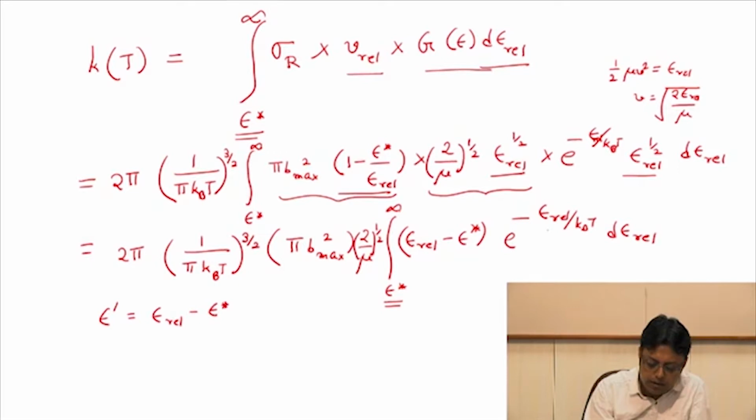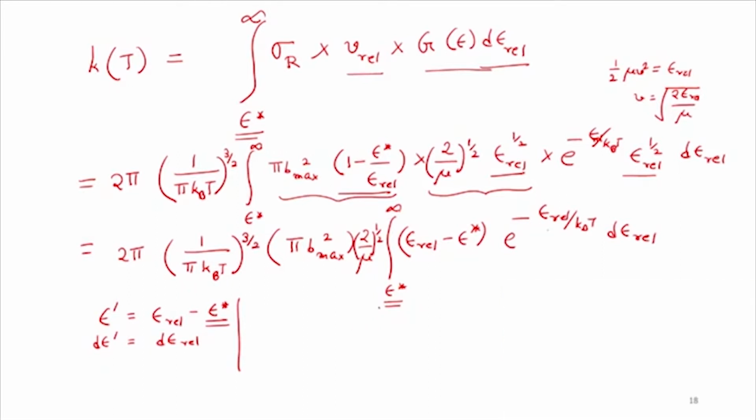Then d epsilon prime will be nothing but d epsilon relative. Why? Because epsilon star is a constant. This is a particular fixed energy above which this reaction is happening. So this integration I can just rewrite, only this integral part, I'm not writing whatever we had in between.